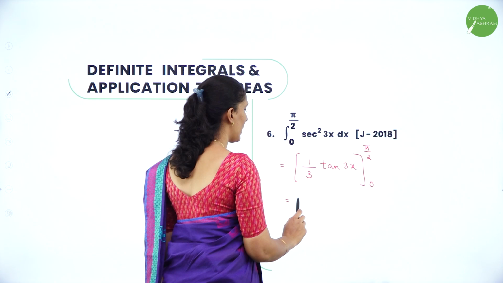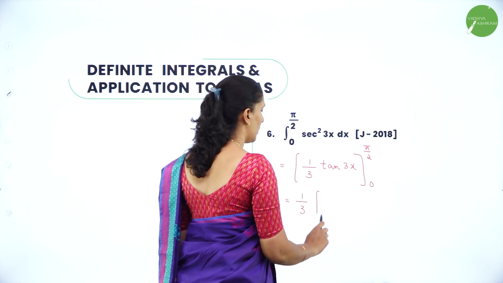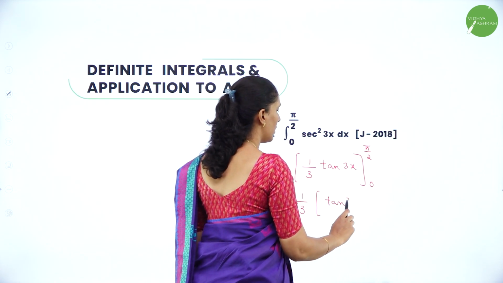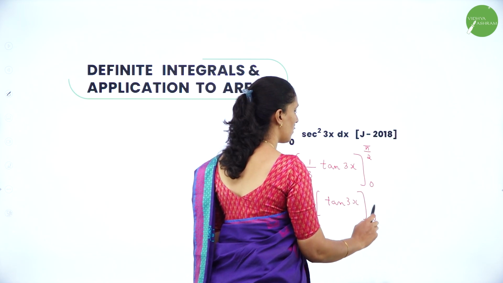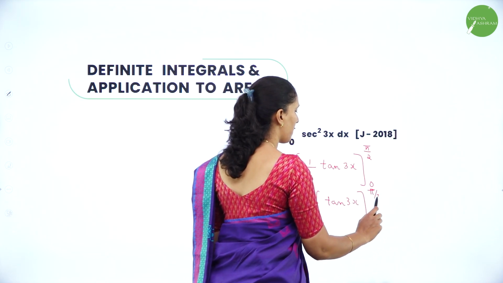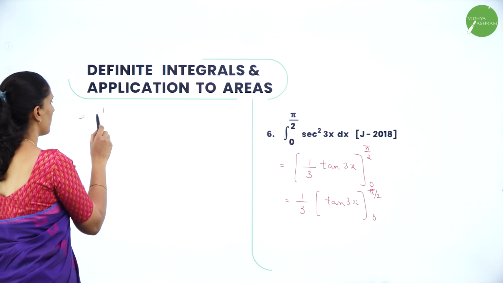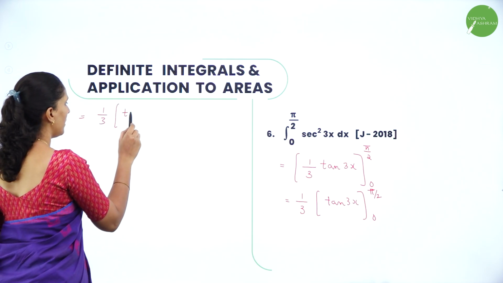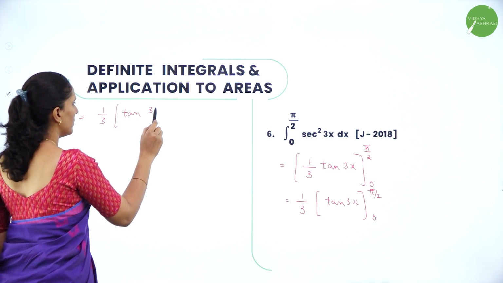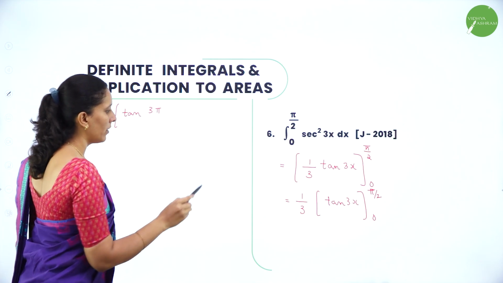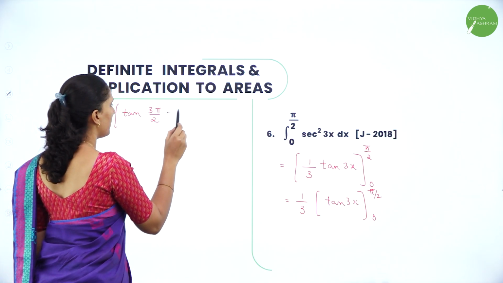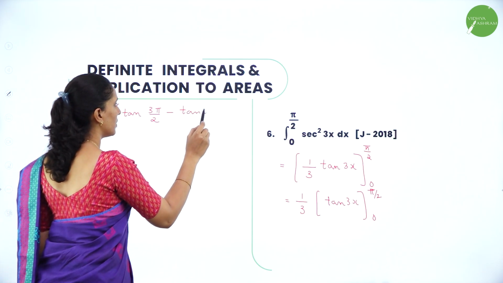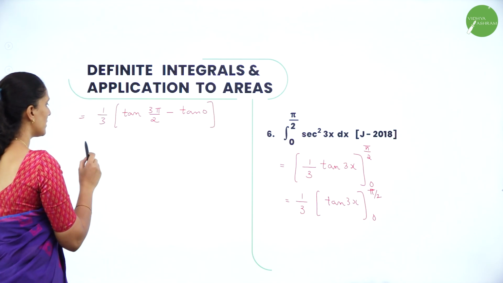So 1 by 3 I can take it outside. Then I can apply the limit for tan 3x, 0 to pi by 2. So here 1 by 3 tan 3 into pi by 2 minus tan 0. The value of tan 0 is 0.